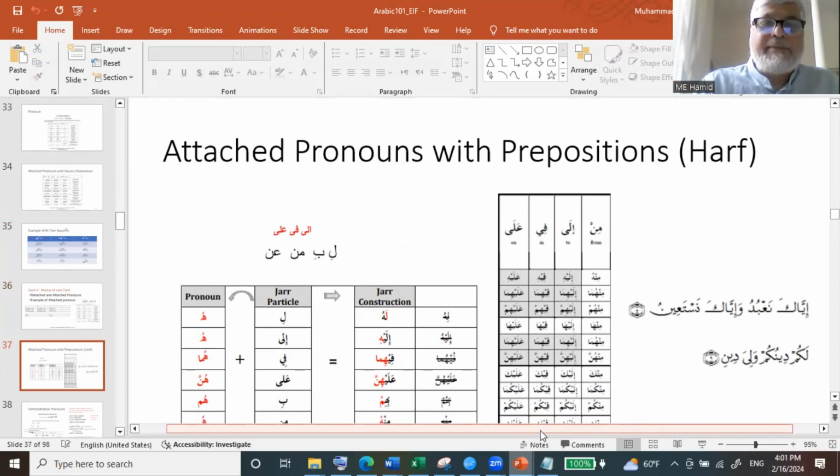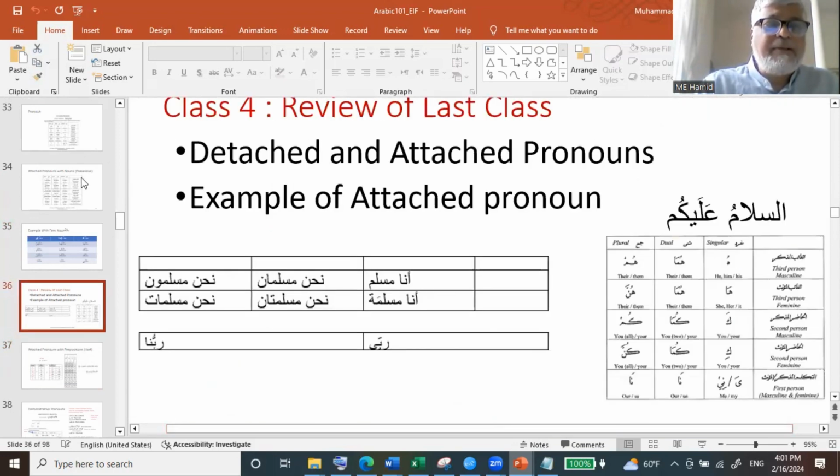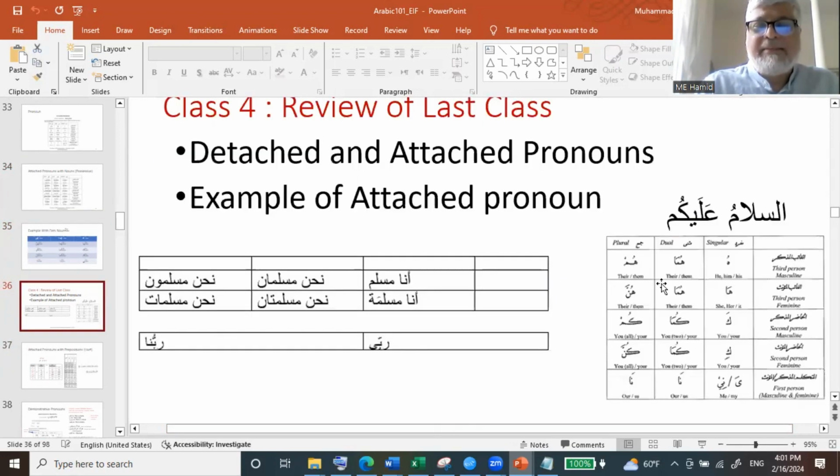Now today we'll look at some other usage of these subject-object pronouns, where we see the pronoun being added to prepositions like ala. Ala means upon.